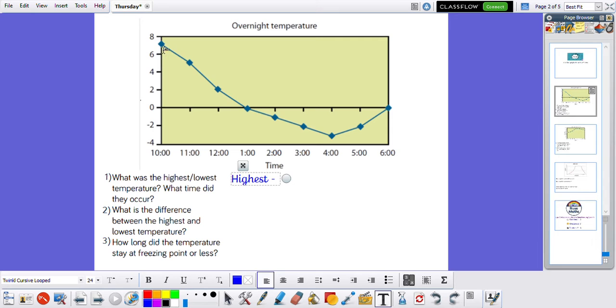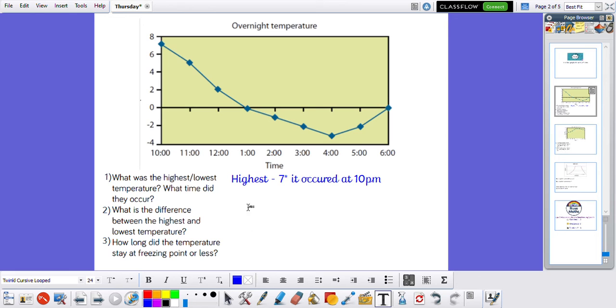So we can see here that it's in between 6 and 8. So the highest temperature could have been 7 degrees Celsius, or we don't know if it's Celsius, so I'm just going to put degrees, and it occurred at 10 p.m.